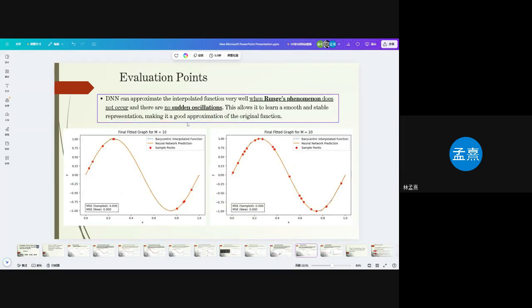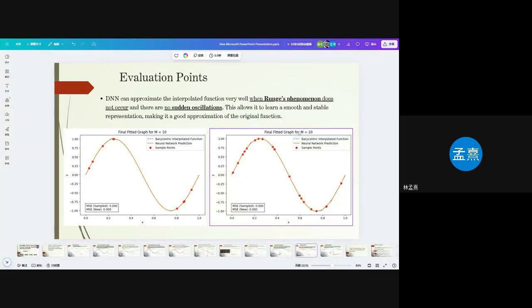So the neural network can approximate well when the interpolated function represents the original function very well and no Runge's phenomenon occurs. This allows it to learn a smooth and stable representation, so it has almost zero mean square error on sample points and also on unseen points.